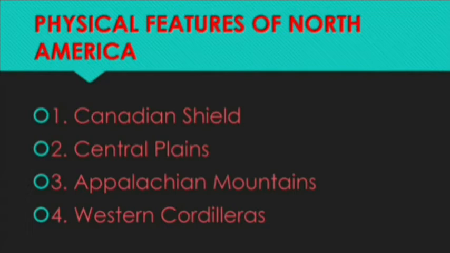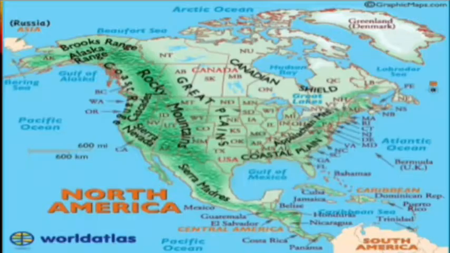Now let us see about these features on the map. Here you can see the physical map. In the physical map, the middle portion of North America is the prairies grassland. We'll discuss all the physical features of North America in detail, but here, first of all, see the fundamental knowledge. In the northeastern part, you can see Canadian Shield is situated.